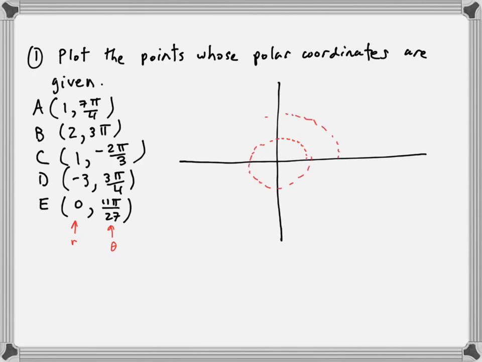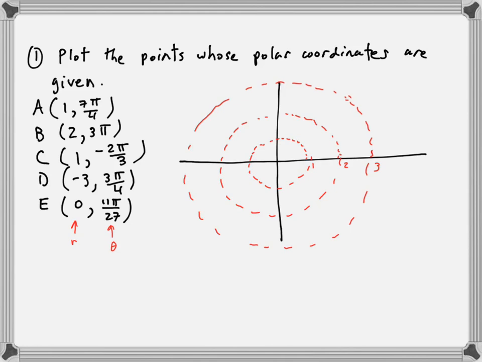So I want you to imagine that these are circles of radius 1, of radius 2, and of radius 3. Okay, so this is 1, 2, and 3. And so let's work on each point here.